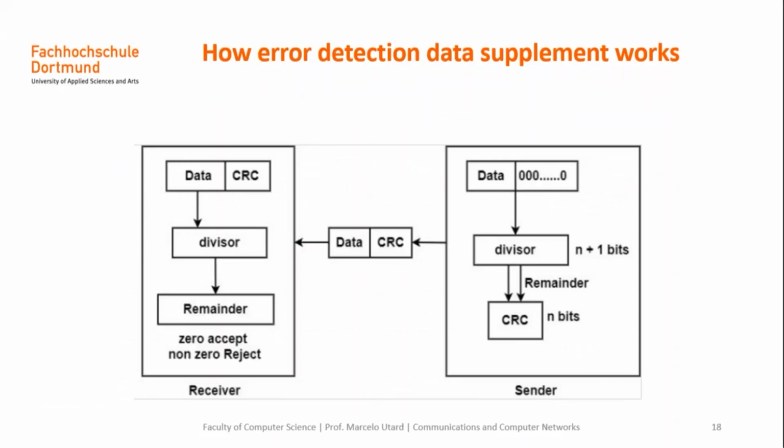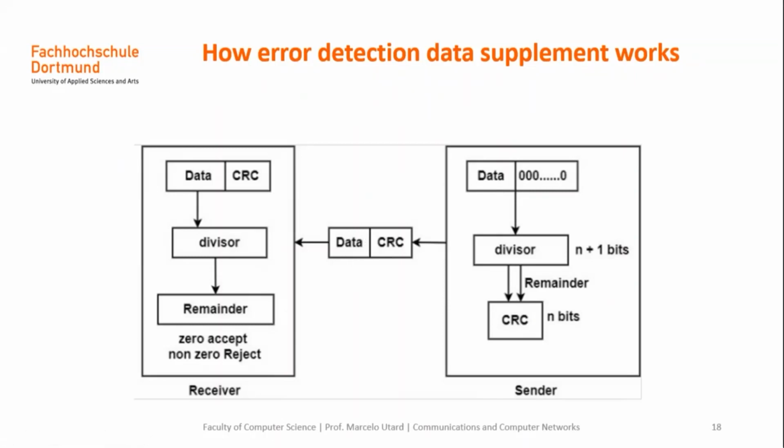In this picture, we can see the sender and the receiver. In order to transmit the original data, for instance the typical frame with the payload and even the header of the frame, we calculate some bits that we append at the end of the frame to the useful data.